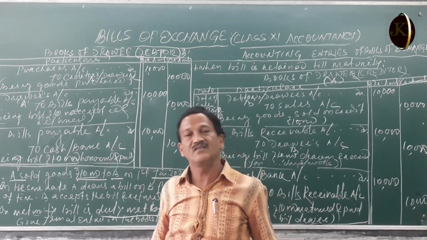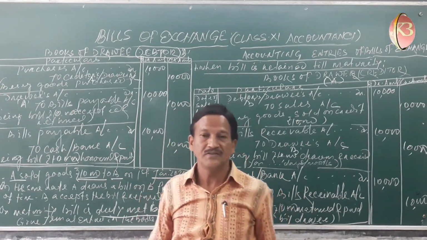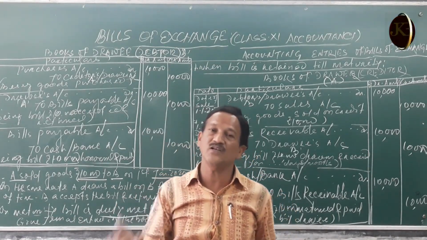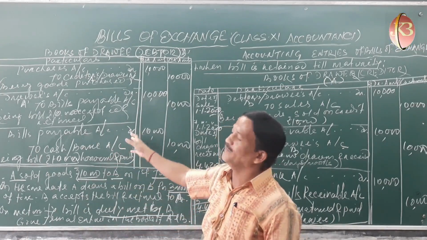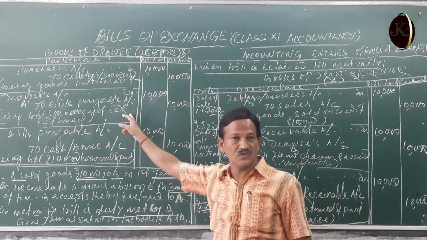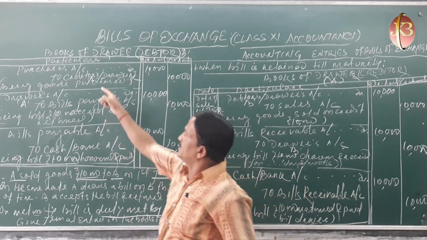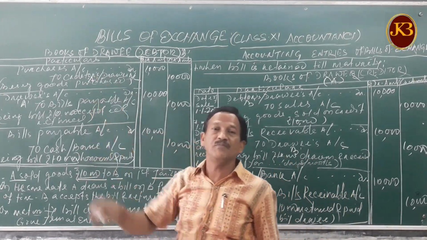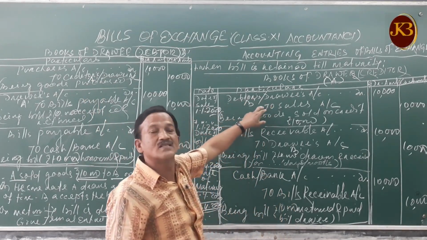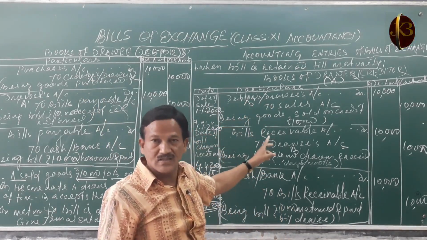So this is the normal situation, the first situation in which the bill is kept till the date of maturity and payment is received. I have shown these examples and will show the problems also. Some question may be added that if part of the sales is done on cash basis.